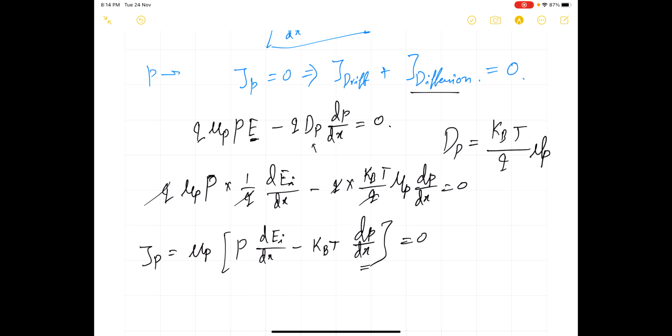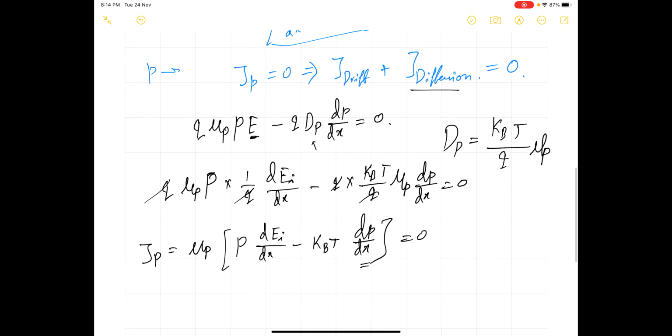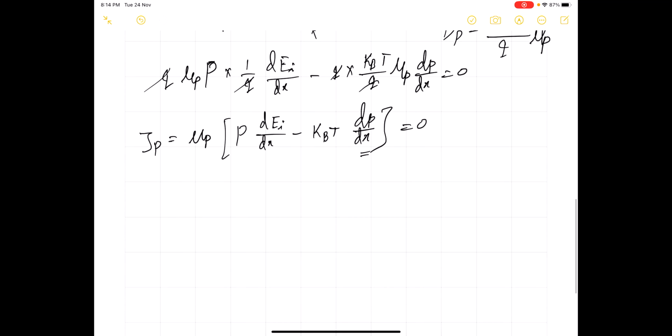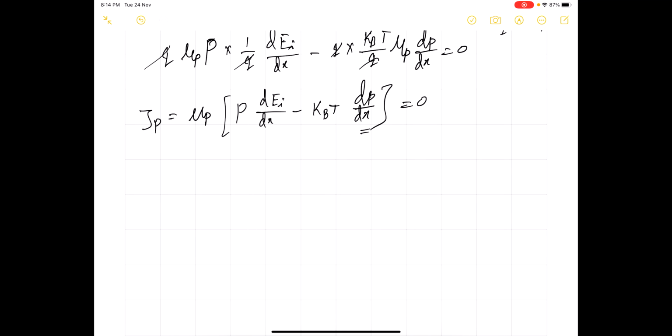Now let's calculate the expression of dp by dx. If you recall, in the second lecture I already explained the carrier concentration for the p type carrier: it is equal to Ni into exponential of (Ei minus Ef) divided by kBT.